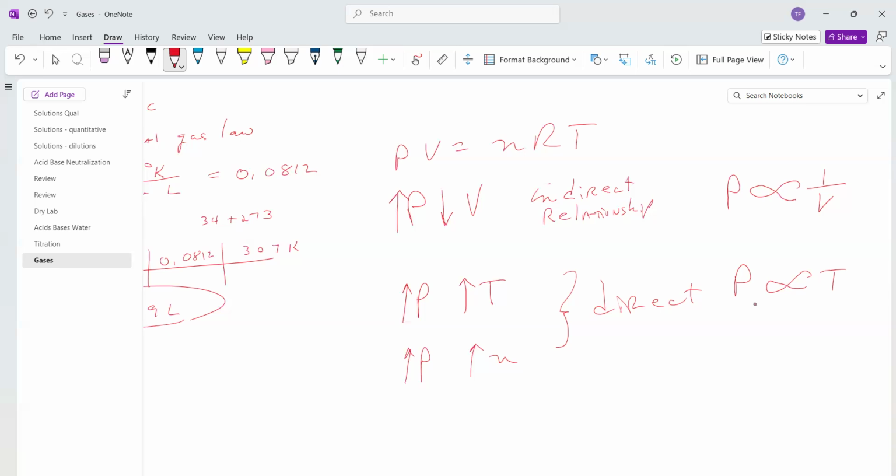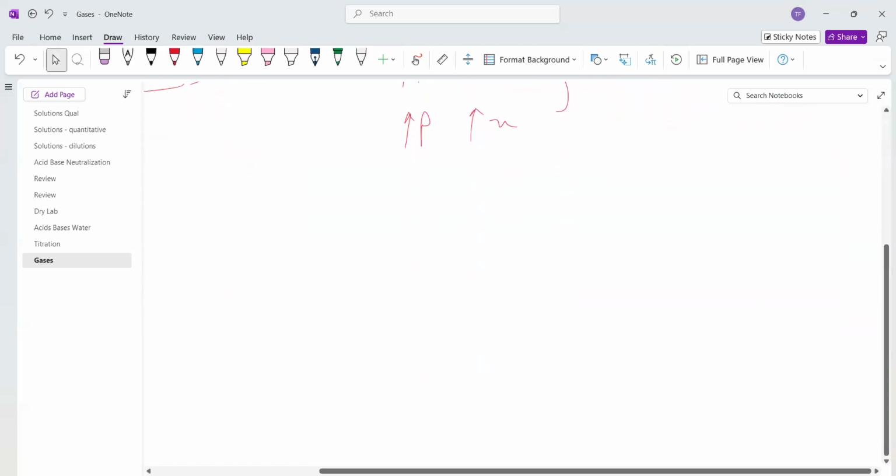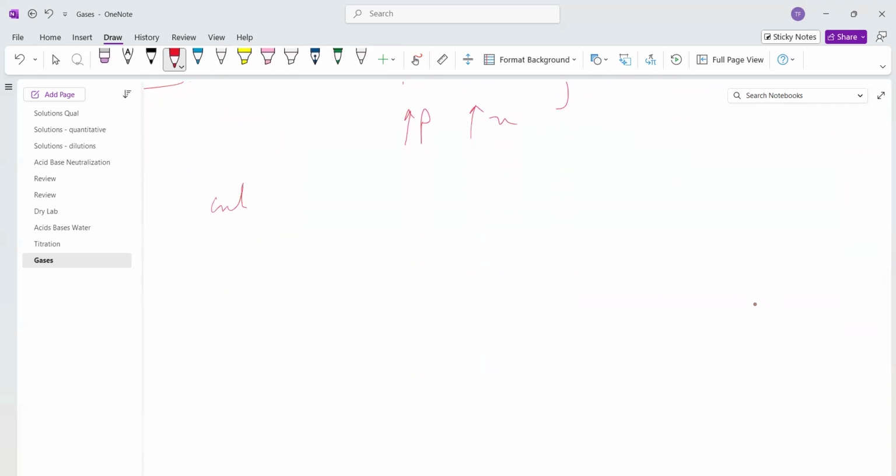So anyway, we have changing conditions. 29,000. Gnarly high, yes. All right, so let's look at some conditions here. Okay, we have initial and final conditions.